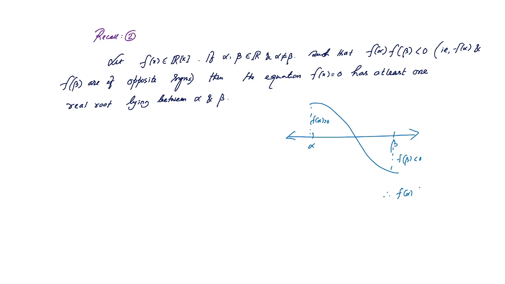So f(alpha) f(beta) is negative. So there exists a root lying between alpha and beta. We are just considering the root as some delta, where f(delta) equals 0.